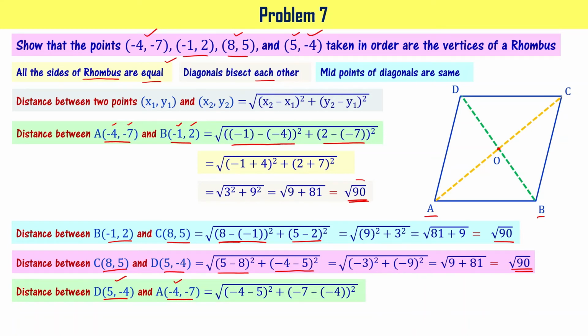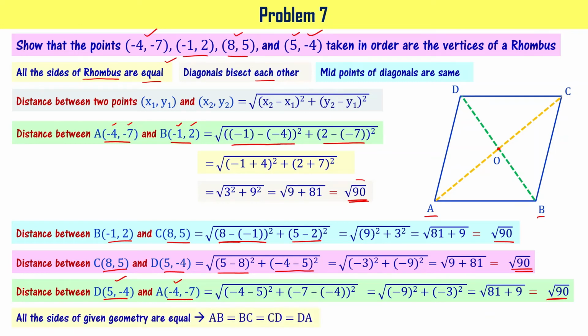When you substitute those into the distance formula and simplify it, you get the answer as square root of 90. It means all the sides of the given geometry are equal. That is, AB equal to BC equal to CD equal to DA, right? The other requirement we have is whether the midpoints of the diagonals are the same or not, right? Let's check that now.